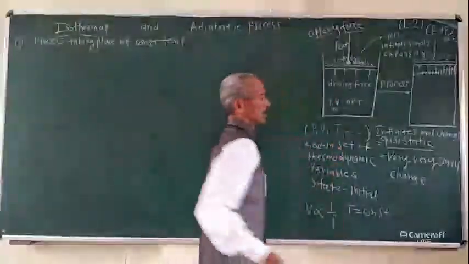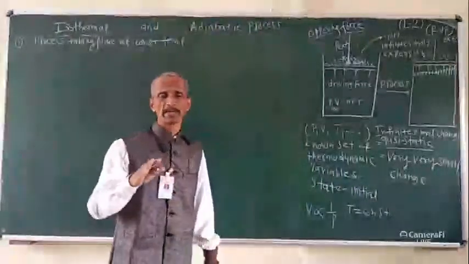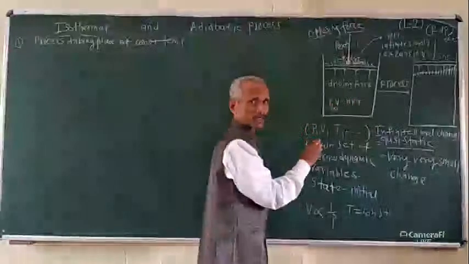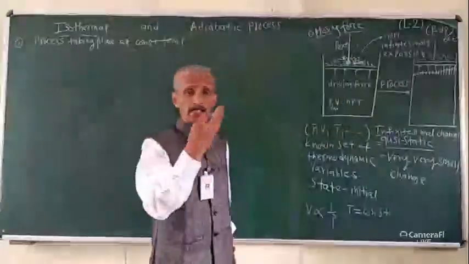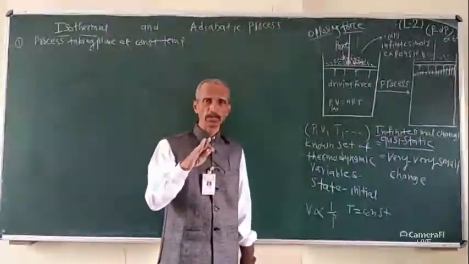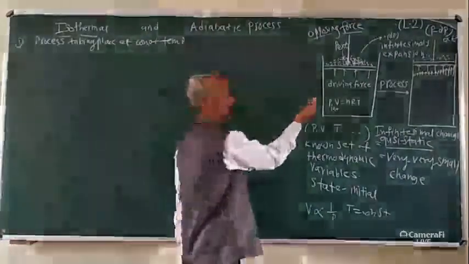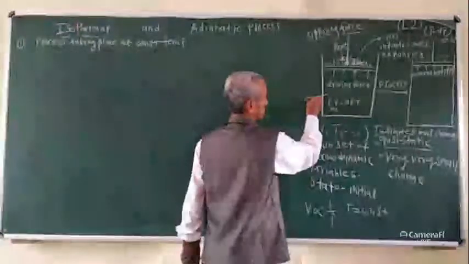So how is the temperature maintained constant? Suppose there is some endothermic reaction, the temperature tends to increase, but we have to keep the temperature constant. Therefore, whatever heat there is must be drawn out.